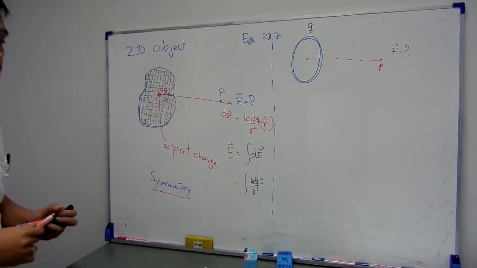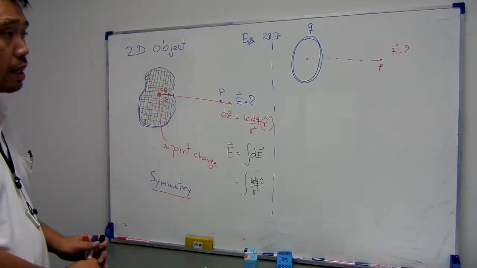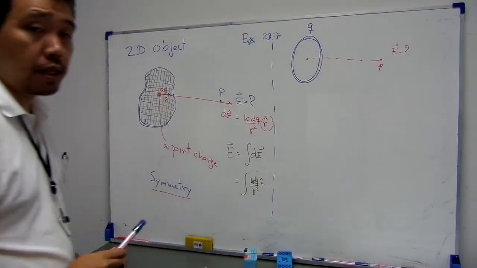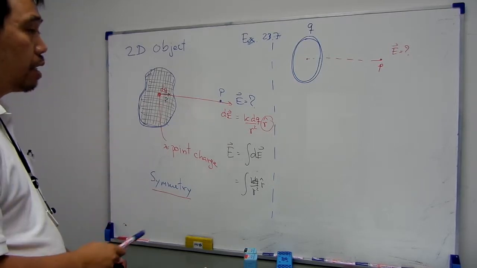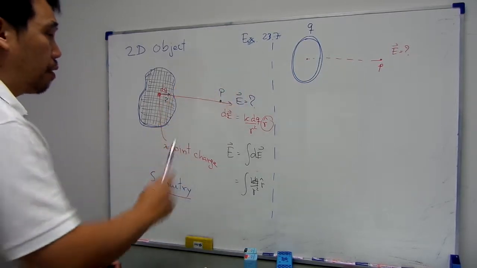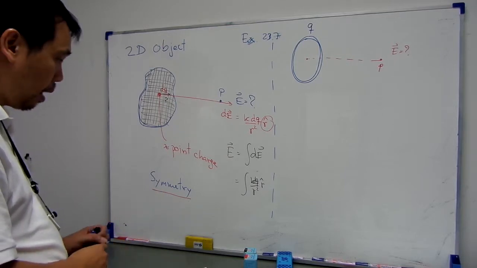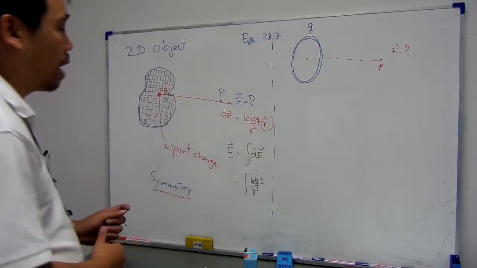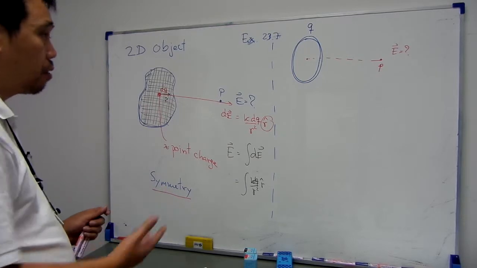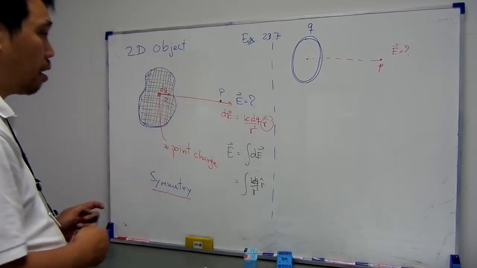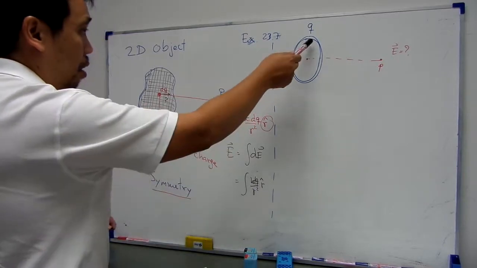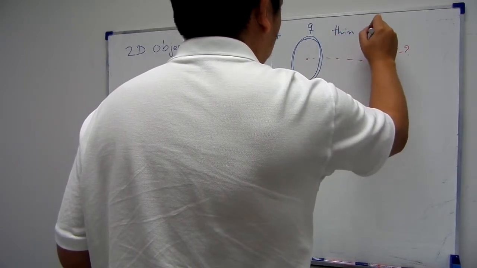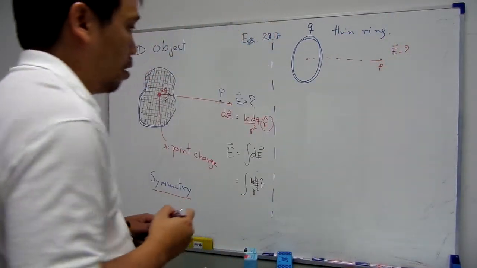Here you can see that our problem has symmetry around the line joining the point P and the center of the ring, and you will see that this symmetry helps a lot in this type of calculation. The system is two-dimensional, but we can treat it using the concept of one dimension, because we have a thin ring here.